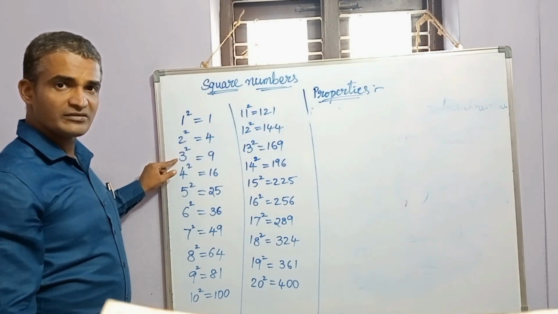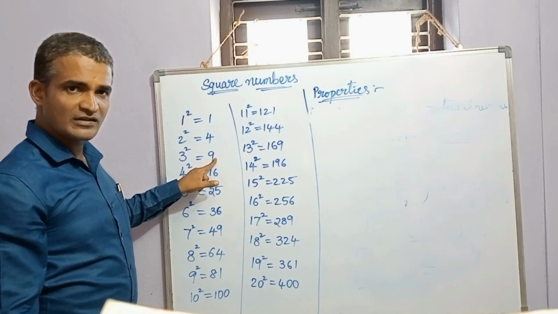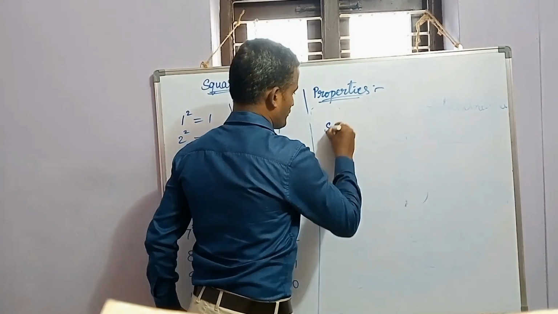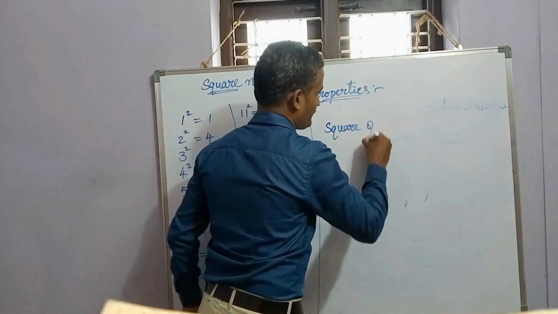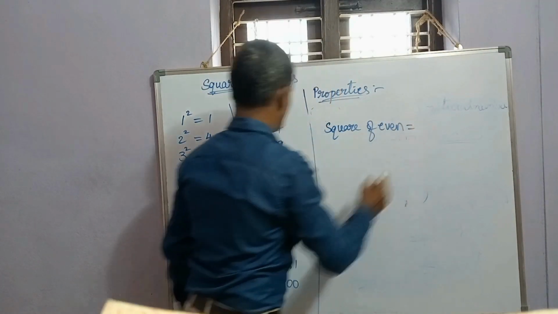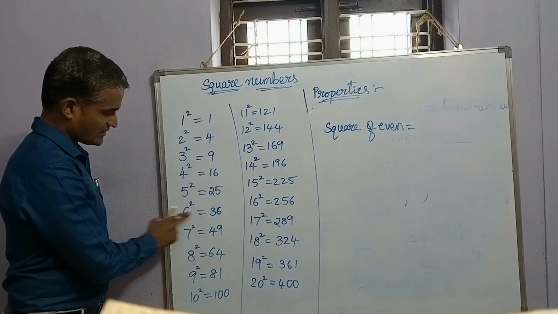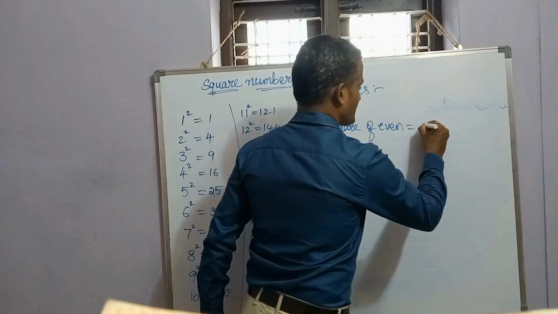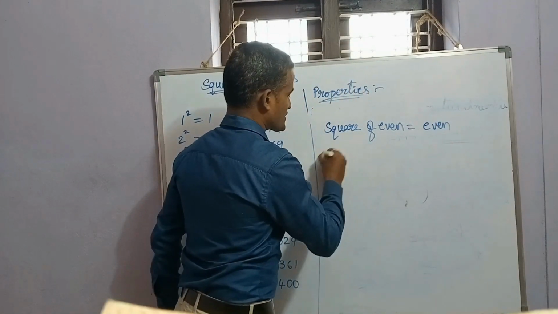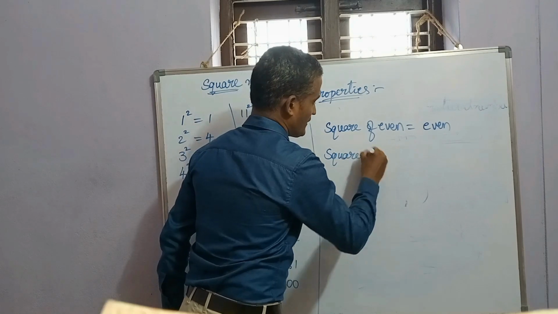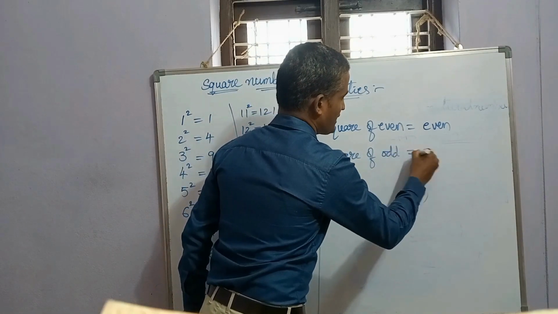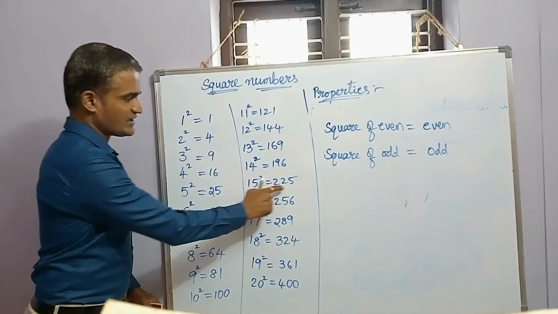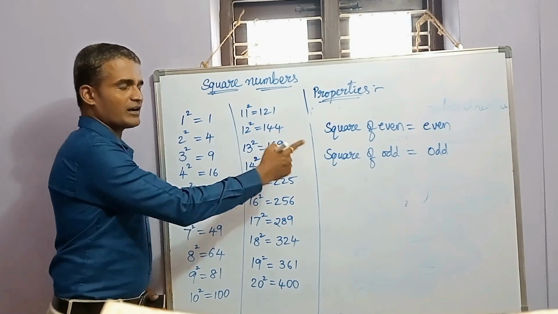Here you see that the square of any even number, you take anything in this list: 6 even, 8 even, 10 even. The square of an even number is always even. The square of an odd number is always odd, compulsory. 5 square, 15 square, 13 square, you see it is an odd number.